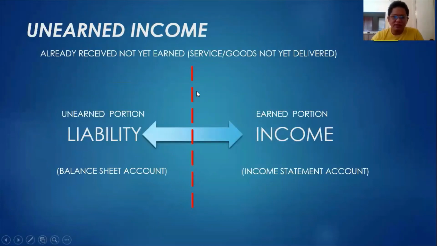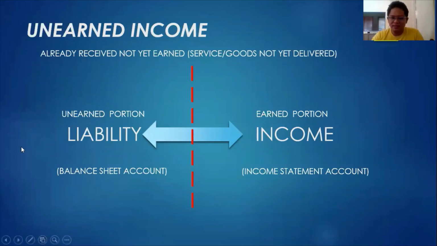At the end of the year, again, as a reminder, if we record it as a liability, we have already earned a portion of that, so you have to transfer it into an income statement account. Likewise, if we opted for the income method, some of these are not yet earned. Therefore, it's a liability.